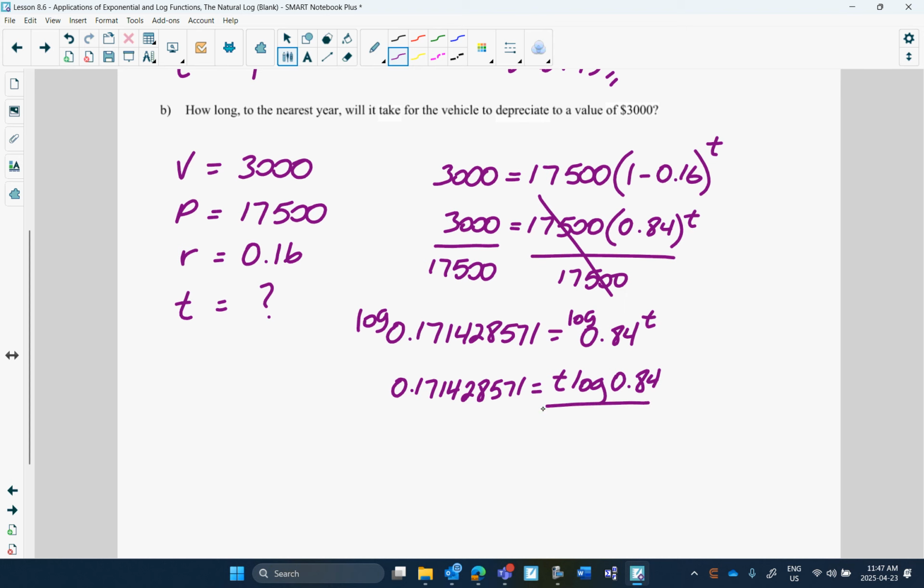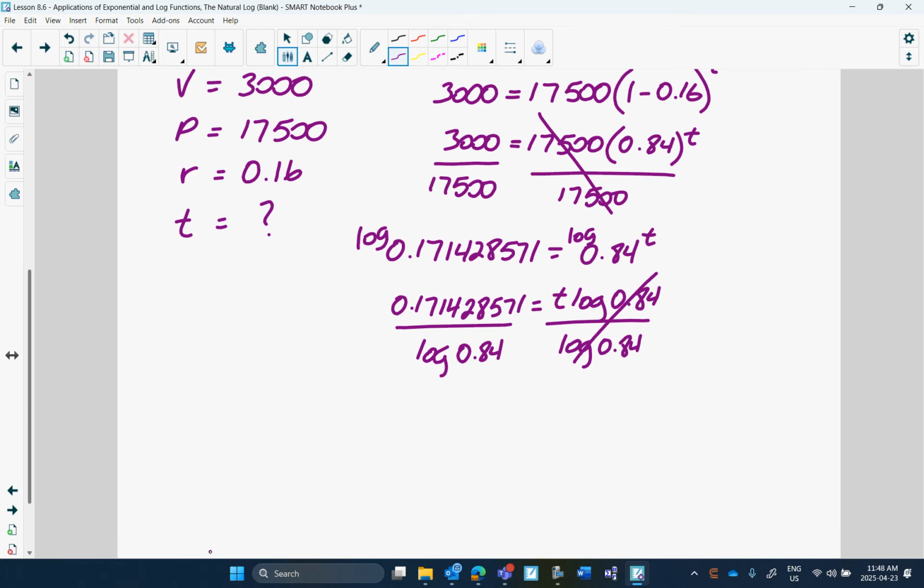What do I divide by? Log 0.84. So when you divide those two logs by each other, it says to the nearest year. Anybody got it? 10 years.